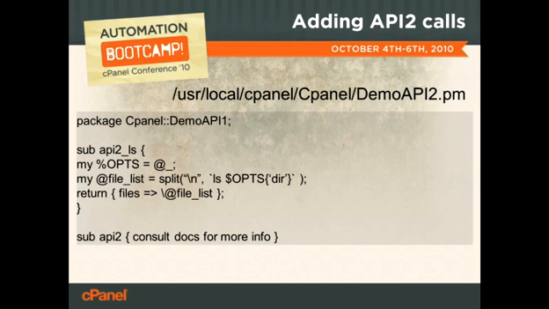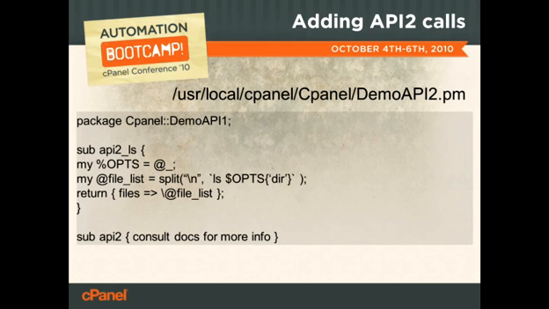We pull in the arguments, then assign it to a hash. Automatically do the conversion of the arguments over to the hash format. Then we have my @fileList equals split, ls, then opts, which means that we're going to basically perform an ls on the directory in question, and then return all those in a files hash.